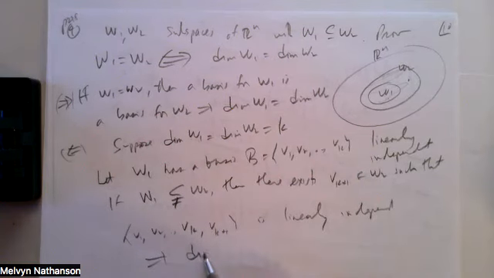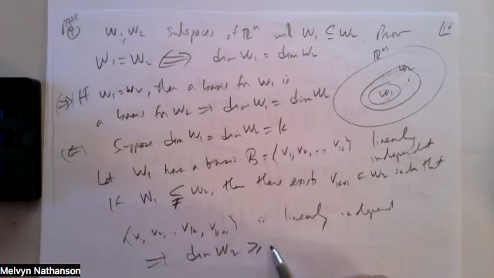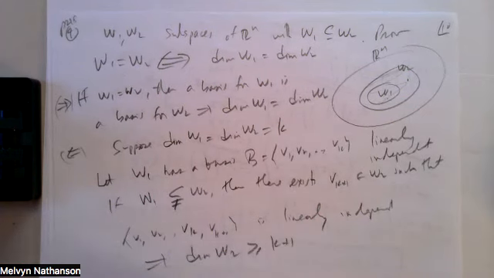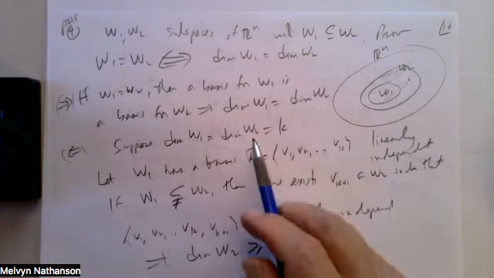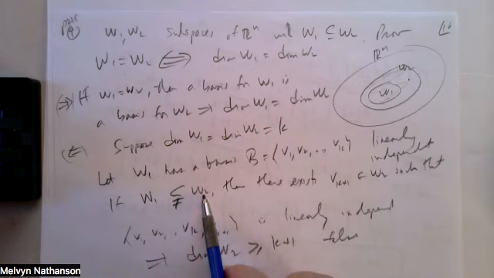Which means that the dimension of W2 is at least k plus 1, which is false, because the dimension of W2 is k. So W1 cannot be a proper subset of W2, it has to be equal.